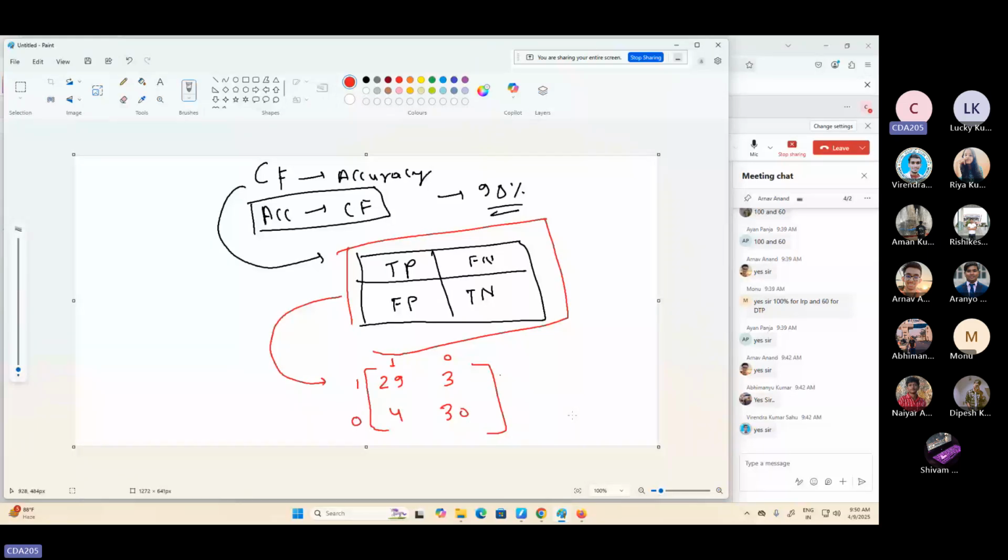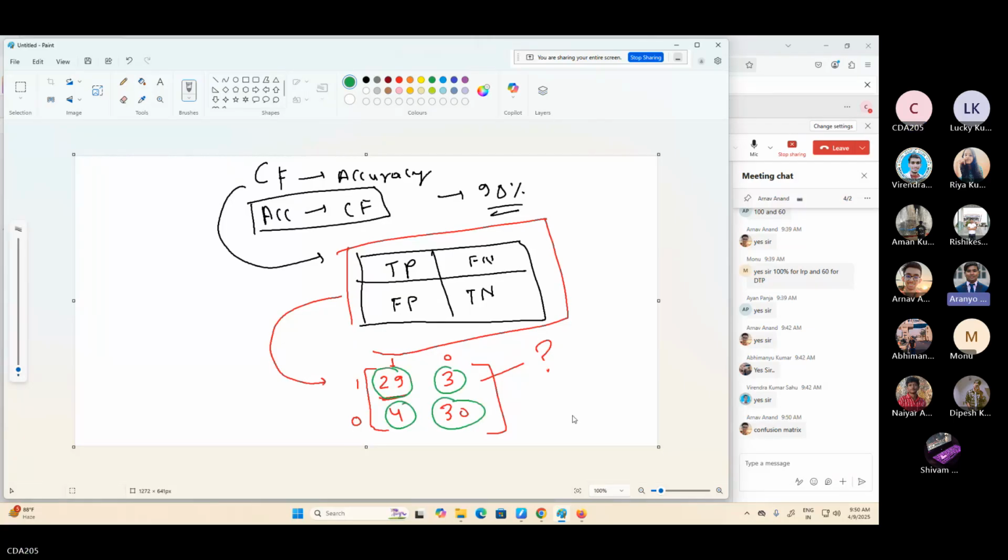Can anyone tell what this square is representing? This square represents the confusion matrix, but what are these numbers representing: 29, 3, 4, 30?